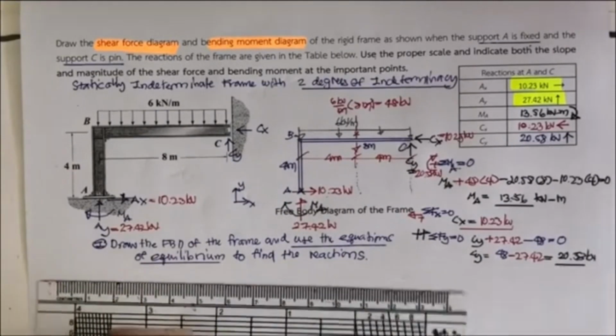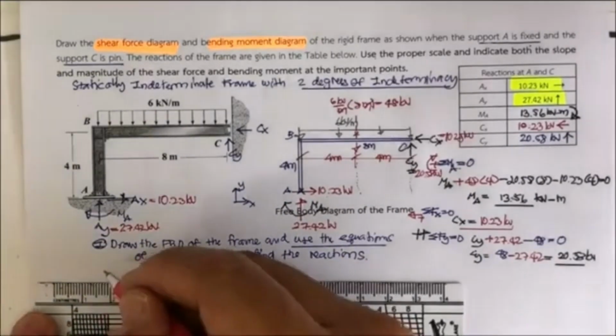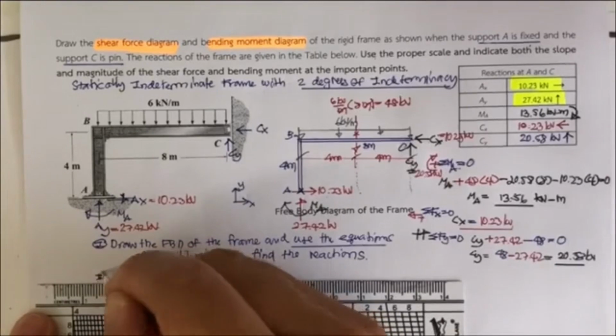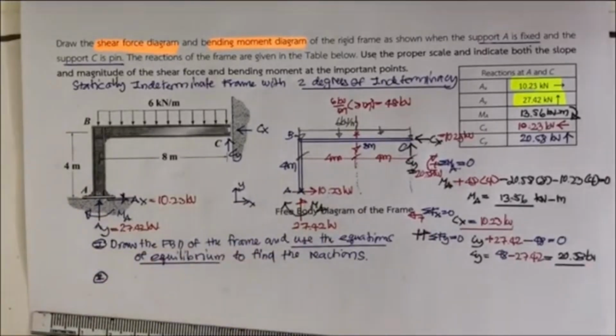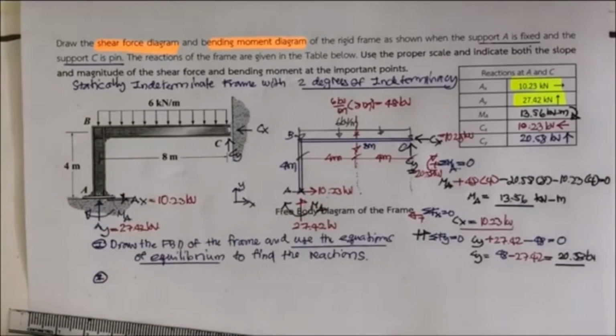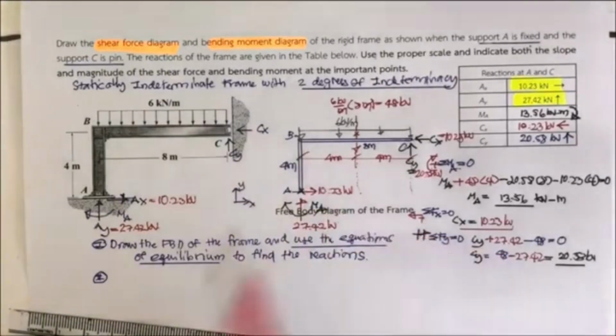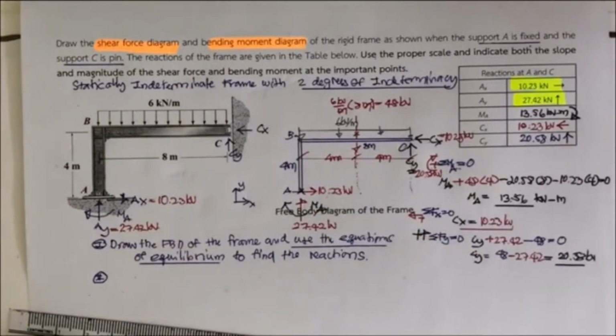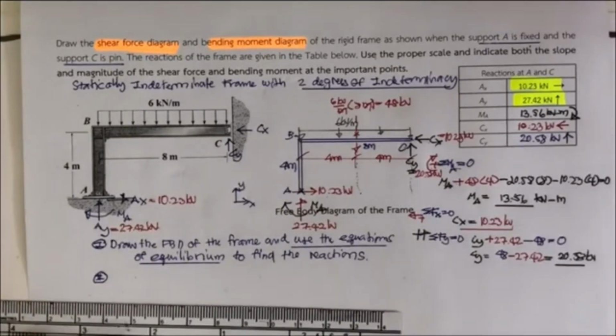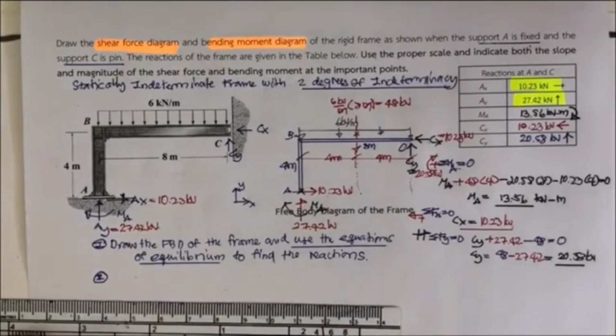When you have your reactions, now you can use the free body diagram of each part, and then you can find the end moment, end shear, and also the end axial load. The next step after that, you will have a chance to use the graphical method to draw the shear diagram and moment diagram.